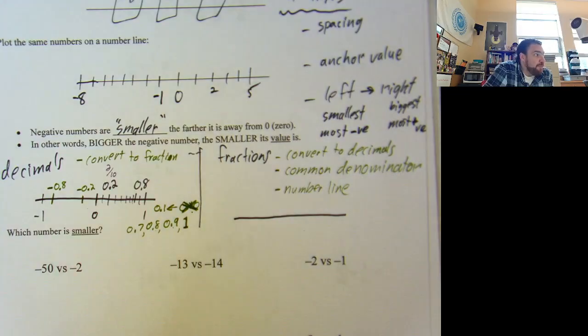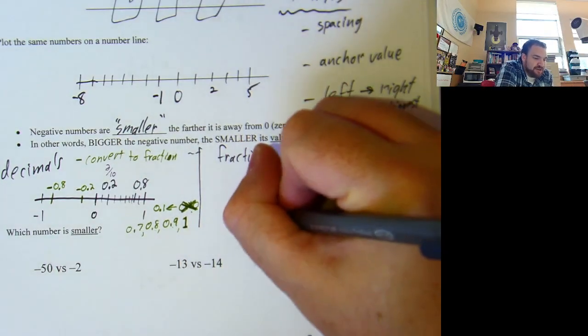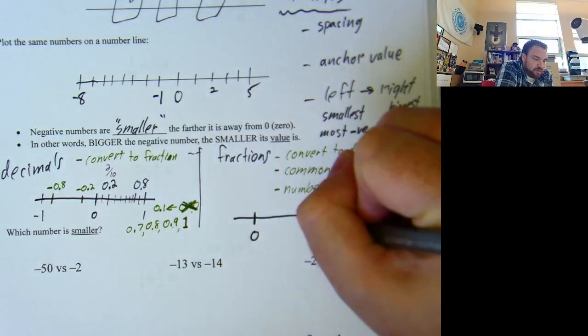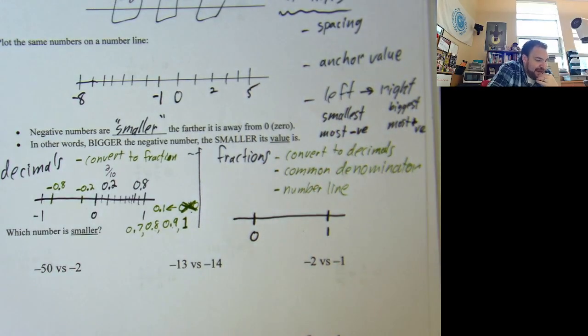If you remember what a proper fraction is, it's not mixed, and the numerator is smaller than the denominator. So a half, a quarter, a third. There's no whole number there. So all of those things are between 0 and 1.